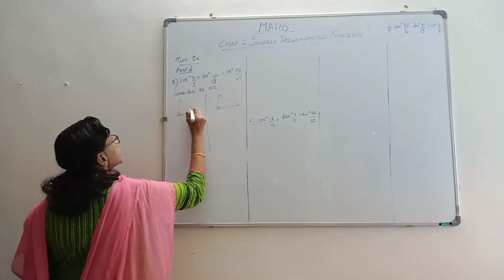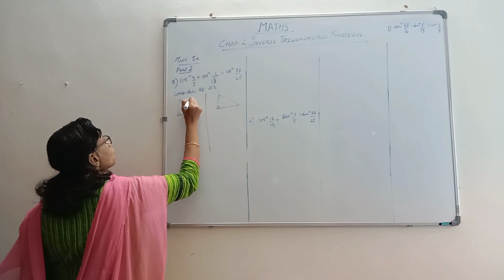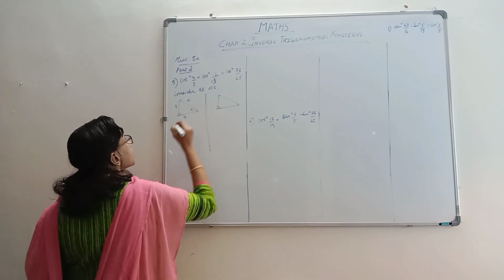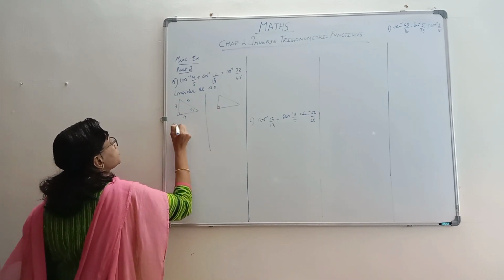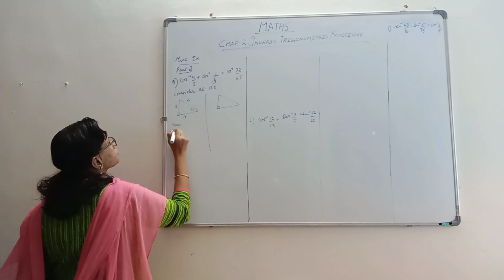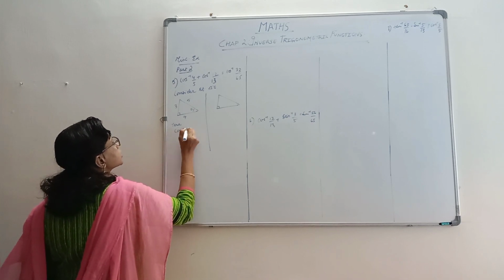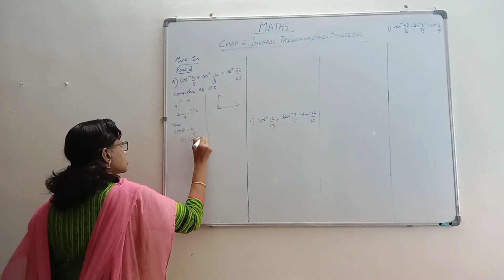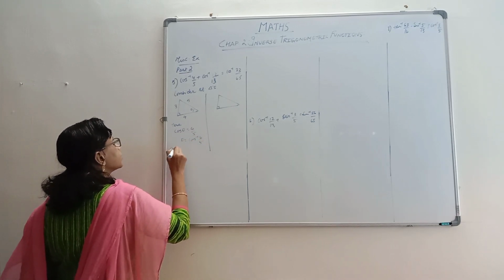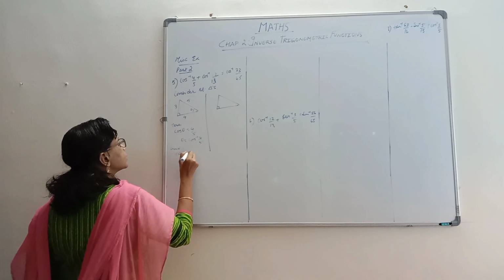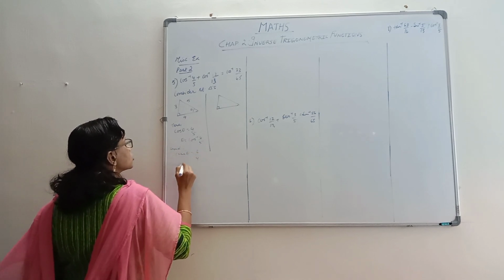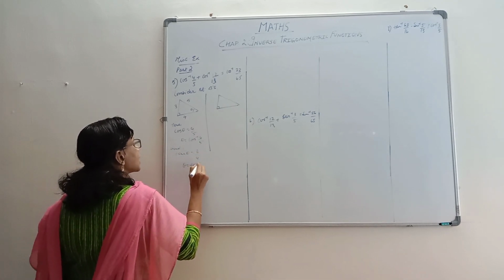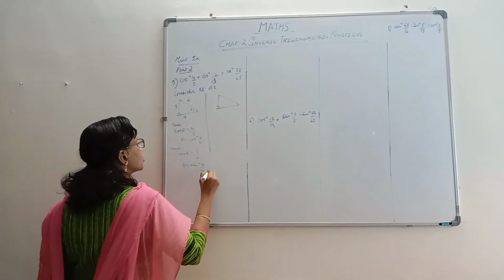Yes, there is a theta, because it's cos. 3, 4, 5 is your first right triangle. So here cos theta is 4 by 5, so theta is cos inverse of 4 by 5, and tan theta is 3 by 4, so theta is tan inverse of 3 by 4.